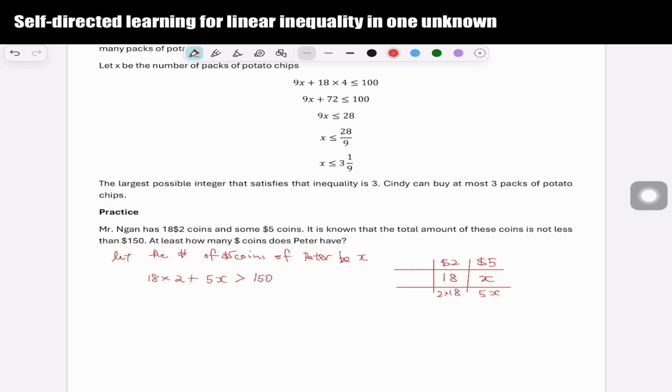Is it clear? So if it is not less than, we have an equal sign here, and we can solve it. 5x is greater than or equal to 150 minus 36, which is 114, and x is greater than or equal to 114 divided by 5. So that is why right here you can see x is going to be 22 and 4/5, like this.